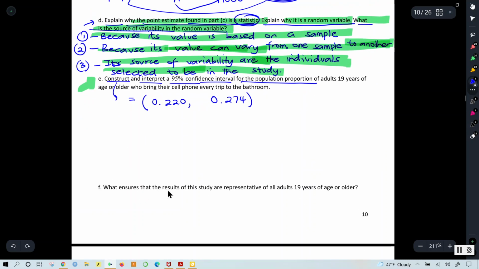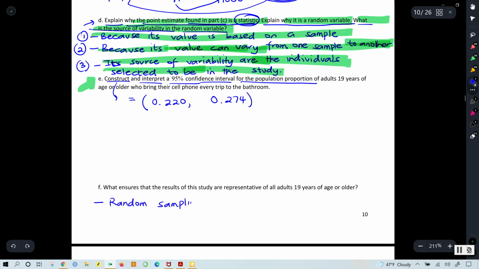What ensures that the results of the study are representative of all adults 19 years of age or older? The key word here is random sampling.